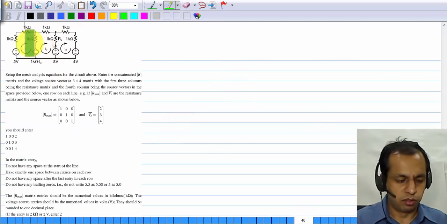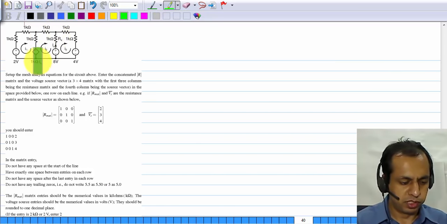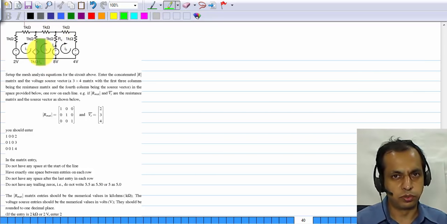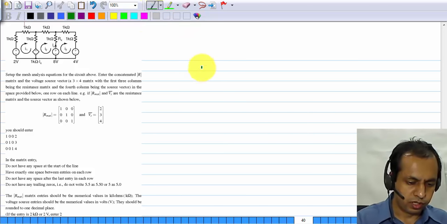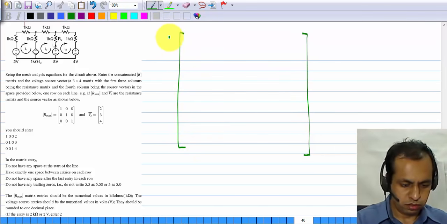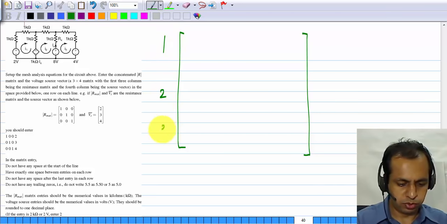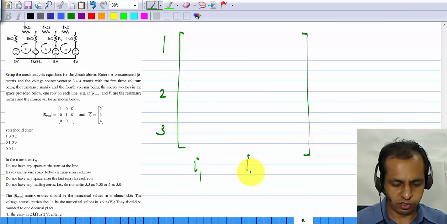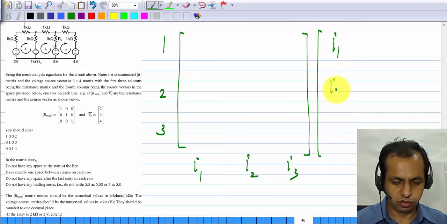So the second question is also about mesh analysis, but this time we have a current controlled voltage source. Again we have three rows corresponding to the three meshes and coefficients of I1, I2 and I3. Those will be the three columns.